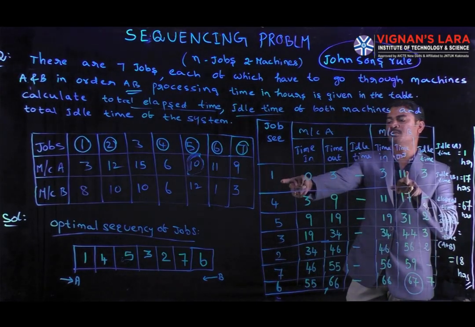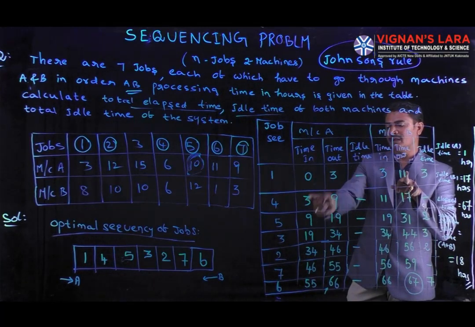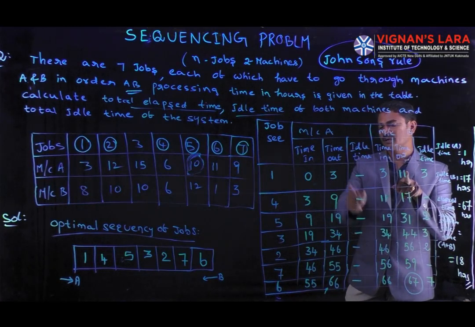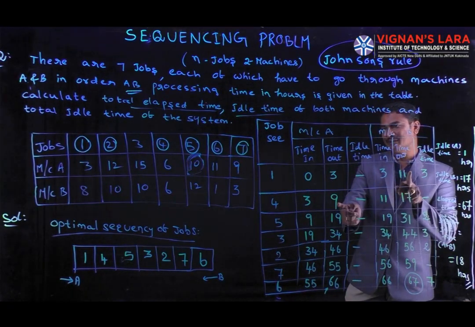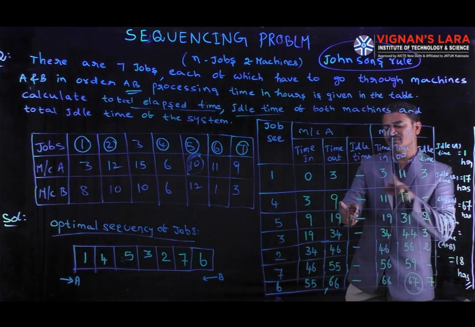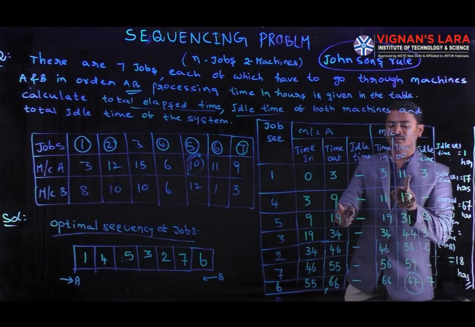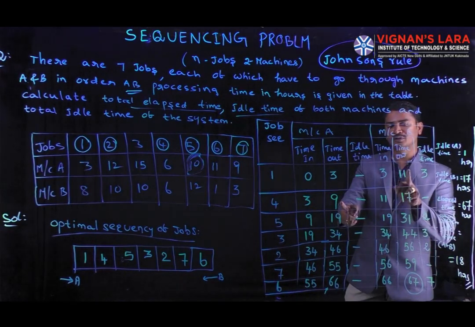At job 1, the timeout processing time at machine B, and the second serial job's timeout, we are comparing. Which one is the minimum? Machine A was the minimum. If machine B was the minimum, we would have some idle time. Here machine B has more value compared to machine A, so the idle time is 0 because machine A has the minimum value.